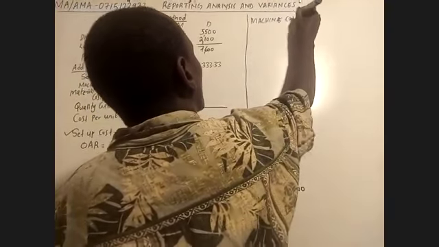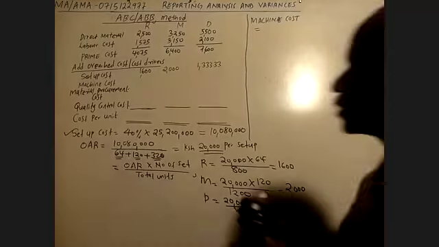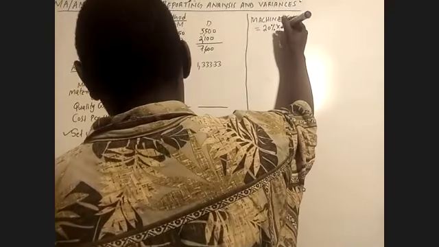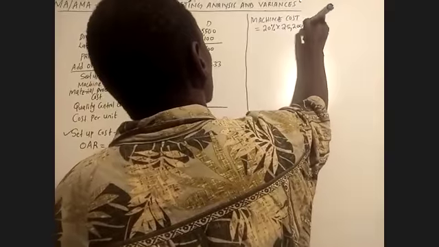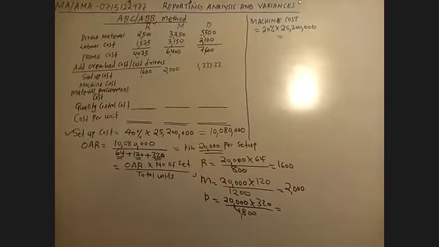Machine cost. Now, what would be the percentage of machine cost from the question? The percentage of the machine cost I can see is 20%. We multiply with the total, which is 25,200,000.